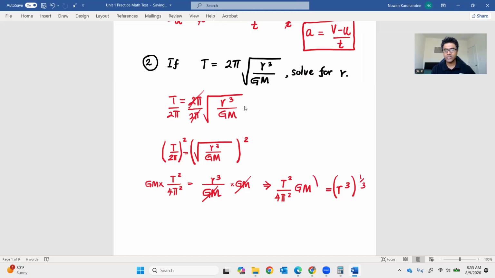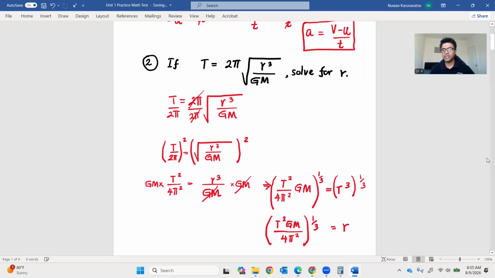And then I need to do the same operation on the other side. So you have a cube, and then you take the cubic root. What's the answer? It's just that value. So here I'll have just r. And on the other side, the cubic root of T squared GM over 4 pi squared.